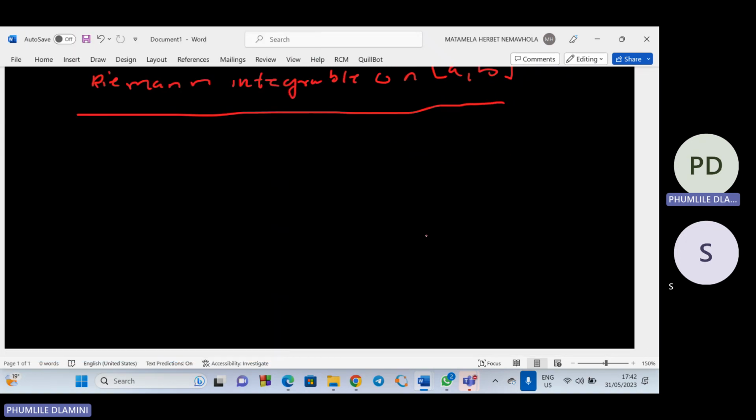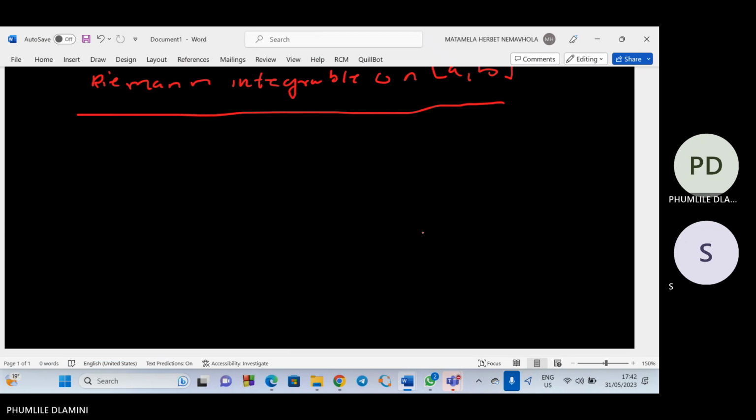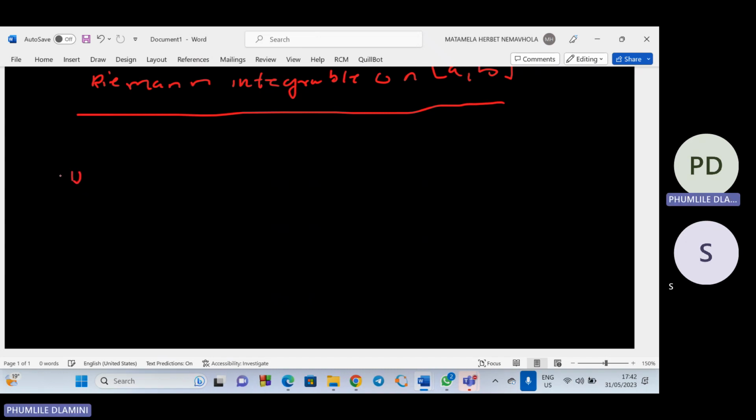So we also have properties of Riemann integrals. The properties of Riemann integrals are more or less the same as the ones you have been doing in calculus.